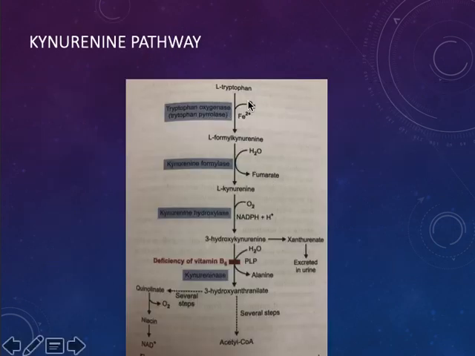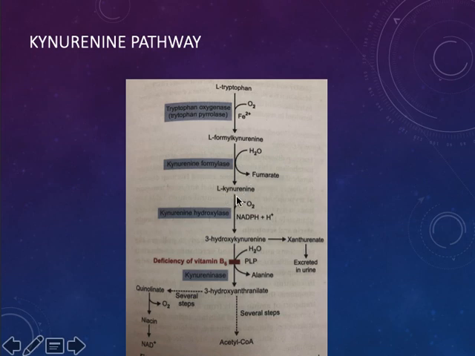Here tryptophan, in the presence of tryptophan oxygenase, gets oxidized in the presence of an iron molecule to form L-formyl kynurenine. Now this L-formyl kynurenine, in the presence of kynurenine formylase enzyme, utilizes one water molecule and formate is given out to form L-kynurenine.